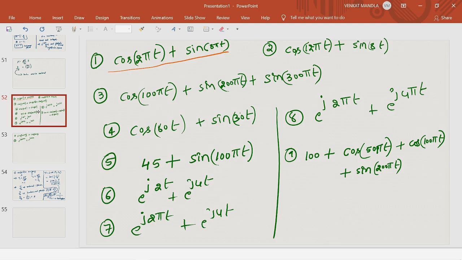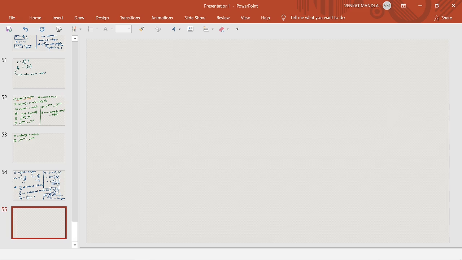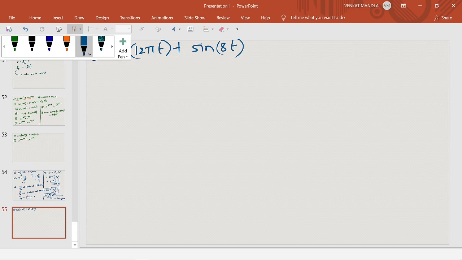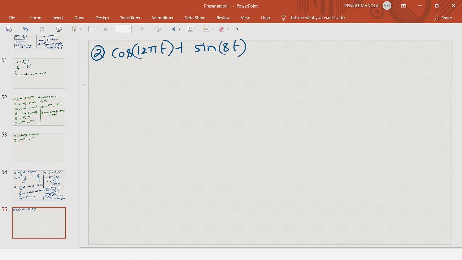The second question, cos 12 pi t plus sin 8 t. What is T1? 2 pi by omega naught, that is 2 pi by 12 pi, which is 1 by 6.